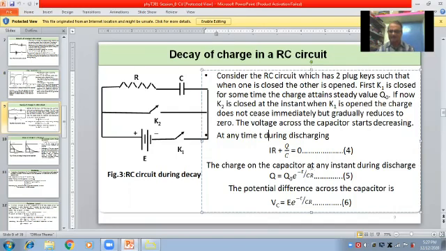The charge on the capacitor at any instant during discharge is Q is equal to Q naught e raised to minus T upon CR, and the potential difference across the capacitor is Vc is equal to E into e to the power minus T upon CR, where this E is the maximum voltage or the EMF of the battery.